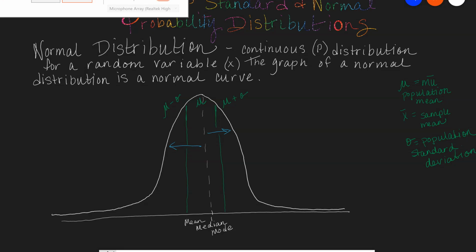An important characteristic of a normal probability distribution is this. The tails here will come close to the x-axis but never actually touch the x-axis.